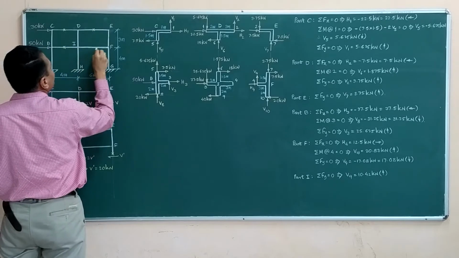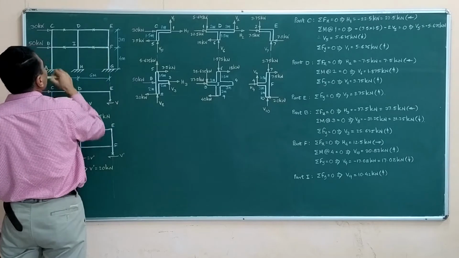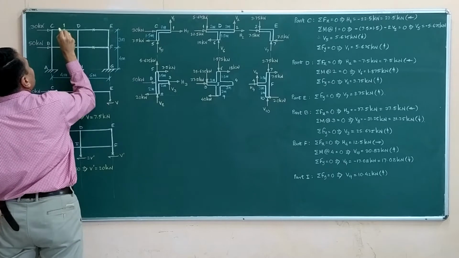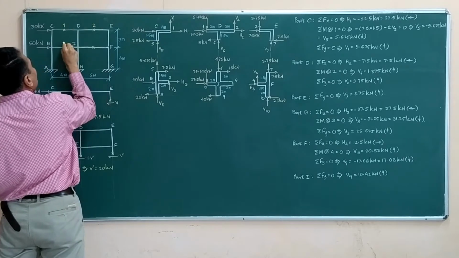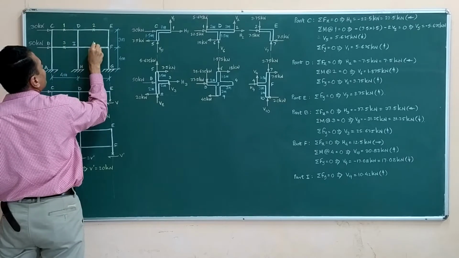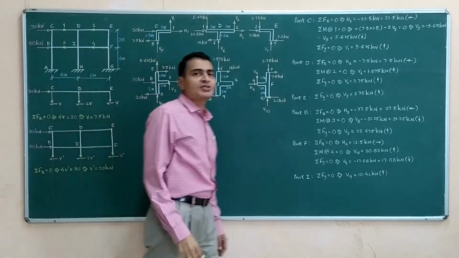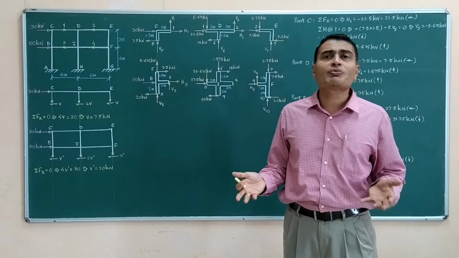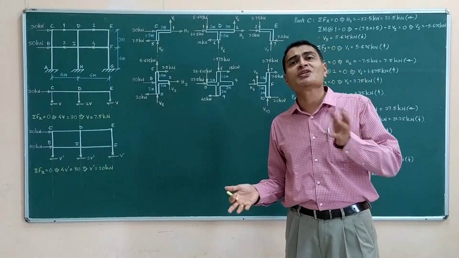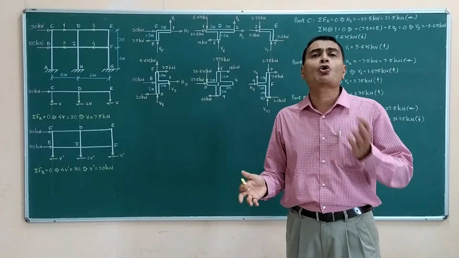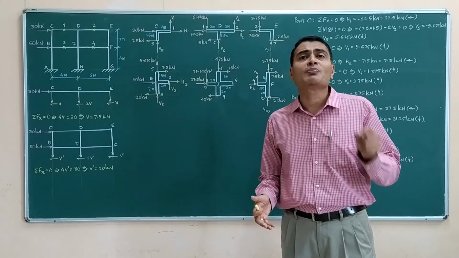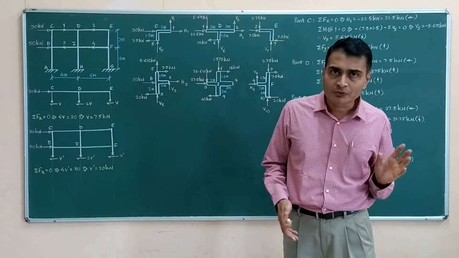One more in the beam, and one more here. Let me number these as 1, 2, 3, 4. So these are points of contraflexure. A point of contraflexure means where the bending moment changes its nature from sagging to hogging or hogging to sagging, and obviously at a point of contraflexure the bending moment is 0.